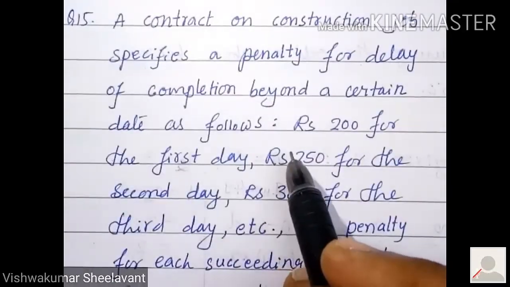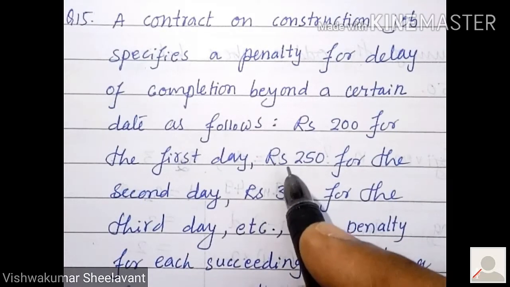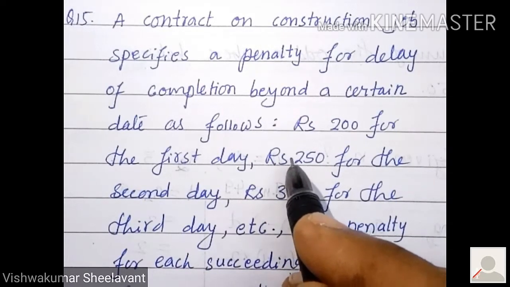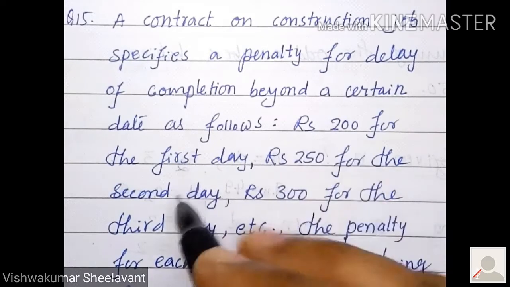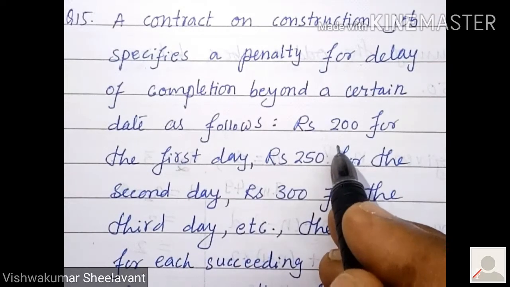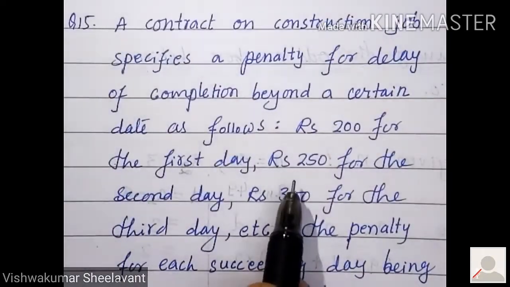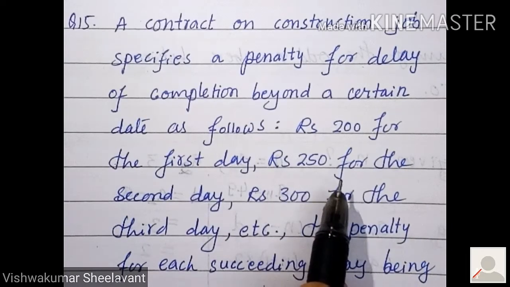How much penalty he has to pay and how he has to pay? Rupees 200 for the first day. If he is 1 day late in finishing the job, he has to pay 200 rupees penalty. If he is 2 days late, then he has to pay rupees 250 for the second day.